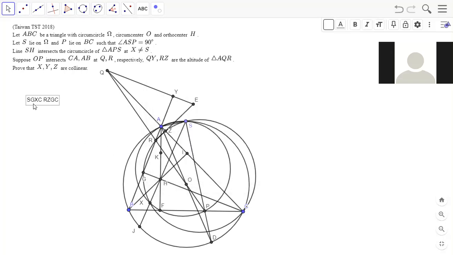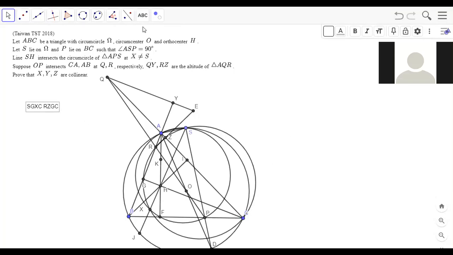Even if we know that SXRZ is cyclic, that's still not enough to show that they're the same circle. By radical axis, X, S, and E are collinear. So XS is one of the radical axes, and then RZ.